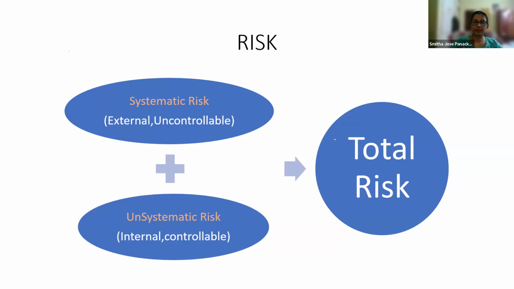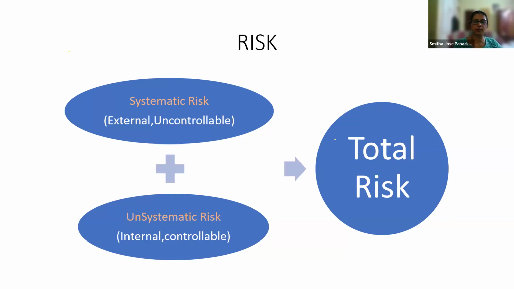That is an external risk, because we can control only the internal aspects, right? External aspects we cannot control. Those aspects which are external to our control are known as systematic risk. For example, purchasing power risk, inflation risk, and like we all have experienced the COVID pandemic, right?